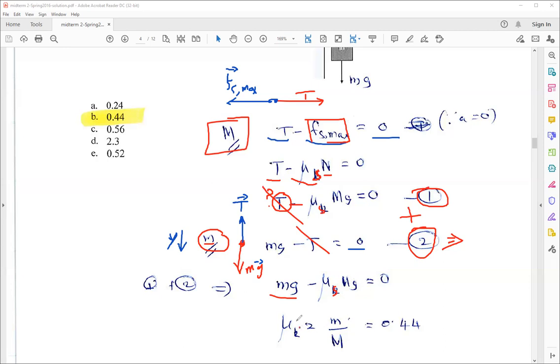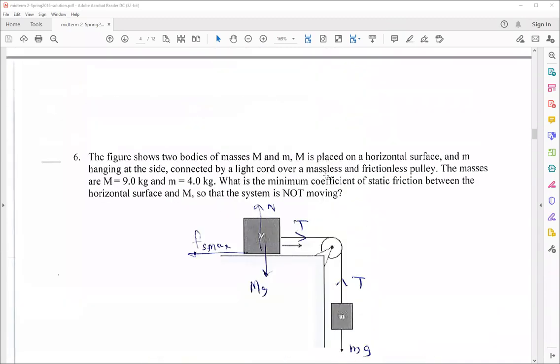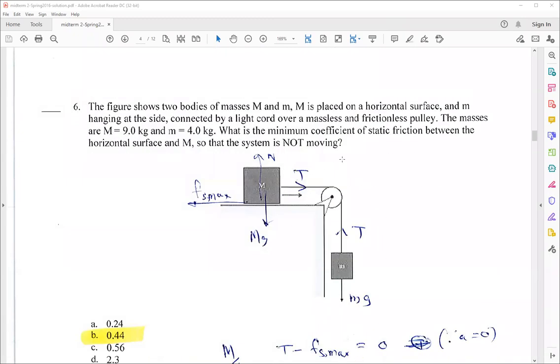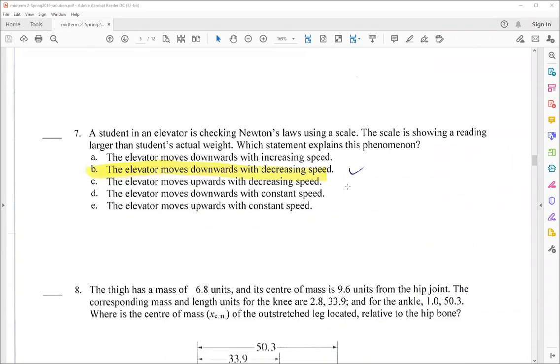That means the coefficient of static friction will be lowercase m over capital M, and it is equal to 0.44. So this is our coefficient of static friction, the answer to this question: 0.44.